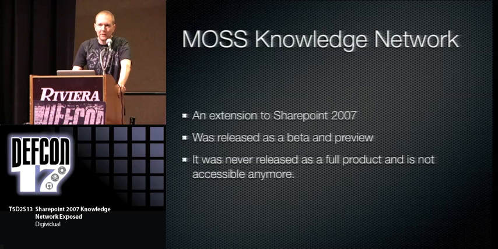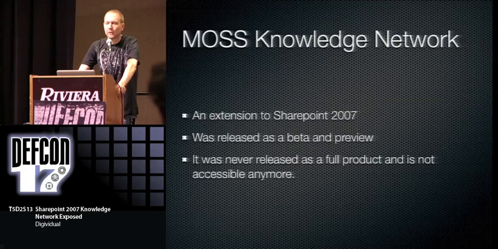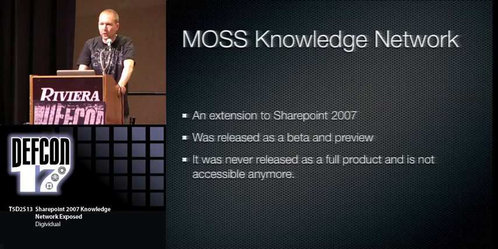They had fairly large customers that had implemented the parts of it that were released, but for some reason it never fully went in. Some of you might know that SharePoint 2010 is right around the corner, which means 3 to 6 months in Microsoft time. The beta has been released to certain vendors and providers. They are not allowed to talk about what's in it at this moment, but it's relatively likely that the next version of SharePoint will contain functionality taken straight from the Knowledge Network.